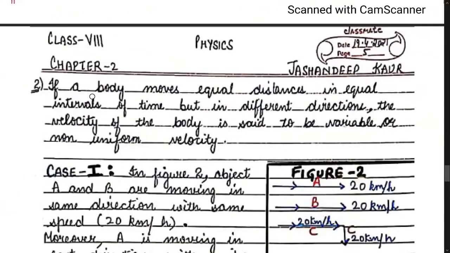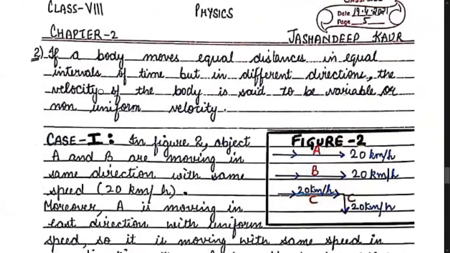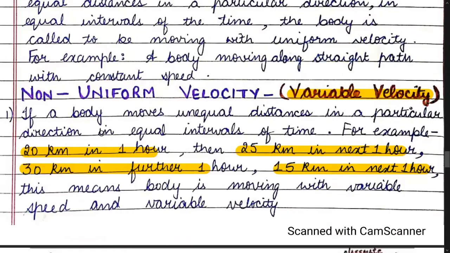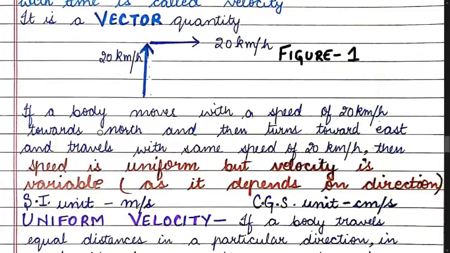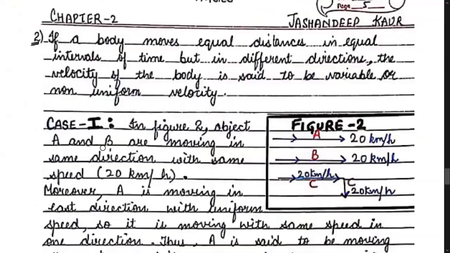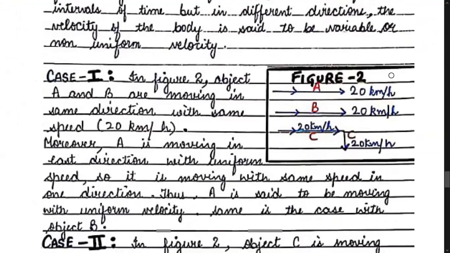But children, if a body moves equal distances in equal intervals of time, but in different directions, then the velocity of the body is said to be variable or non-uniform velocity. This has already been discussed in figure number 1. Moreover, you can see in figure 2 where two cases are shown.